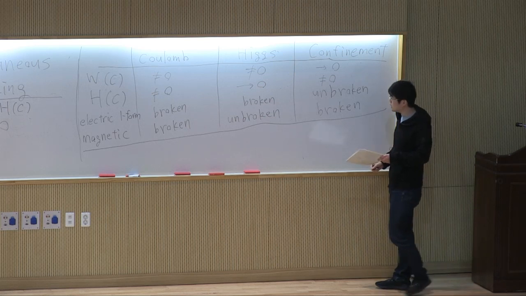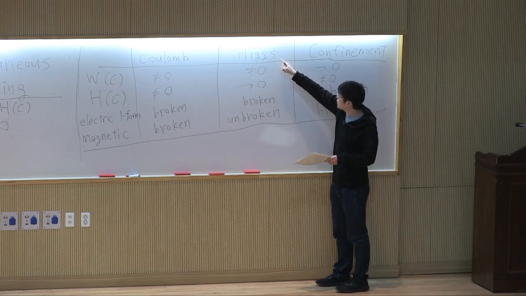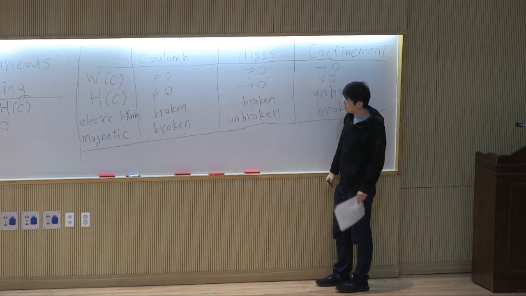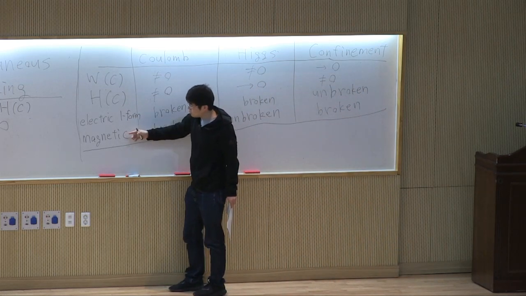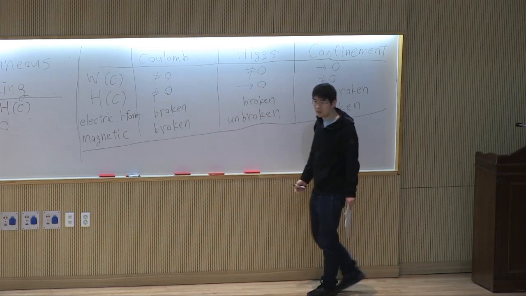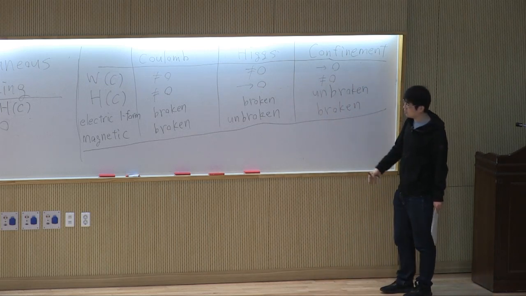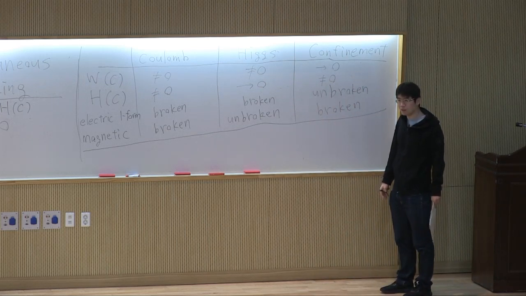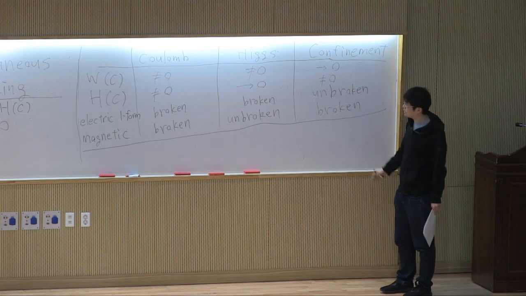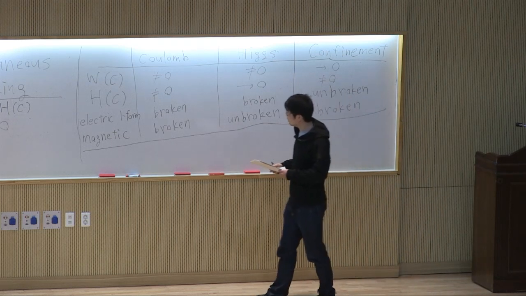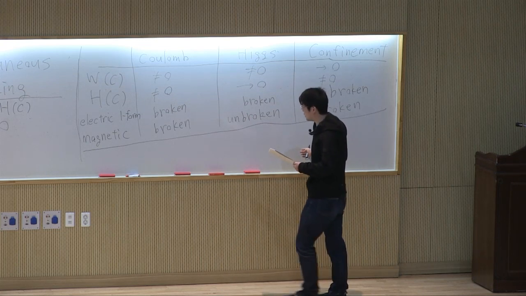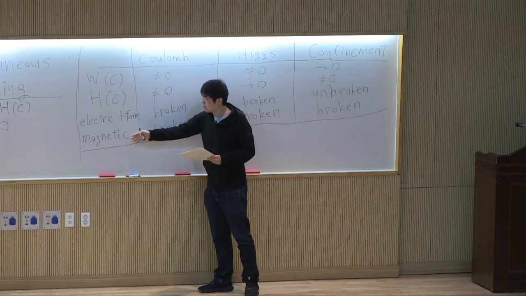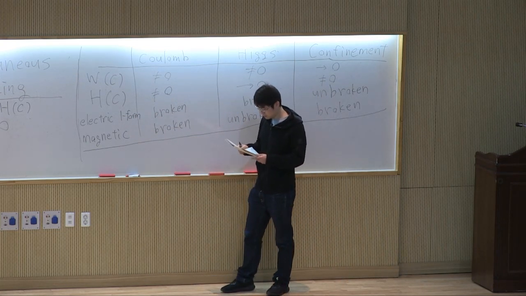So in such a case, we cannot distinguish them. So these electric and magnetic symmetries are the most important symmetries to distinguish the phases. So this is the main motivation to consider these electric and magnetic center symmetries.